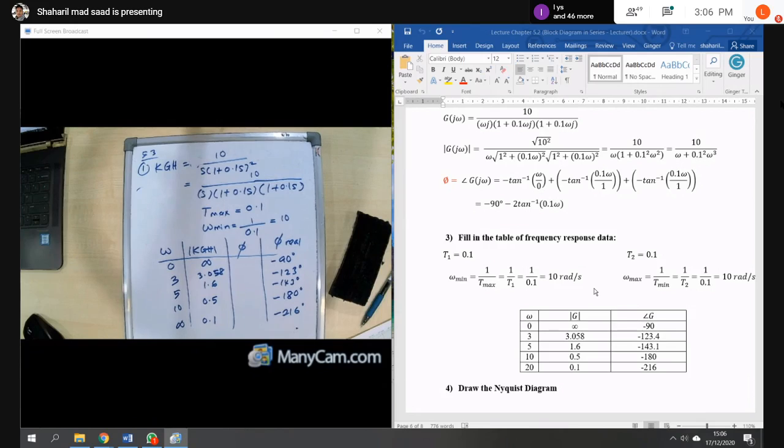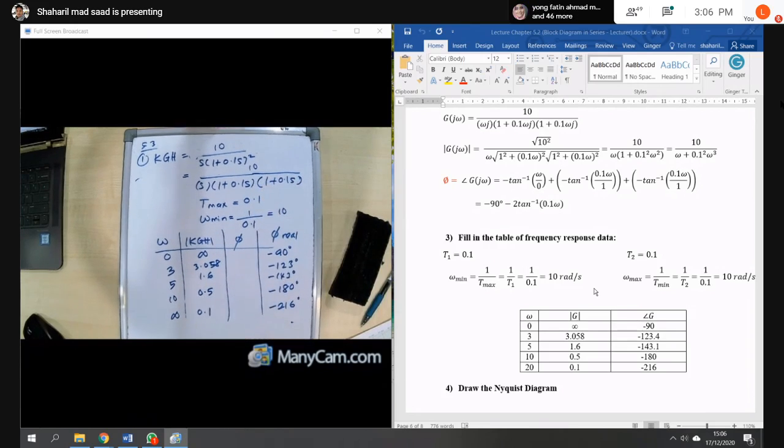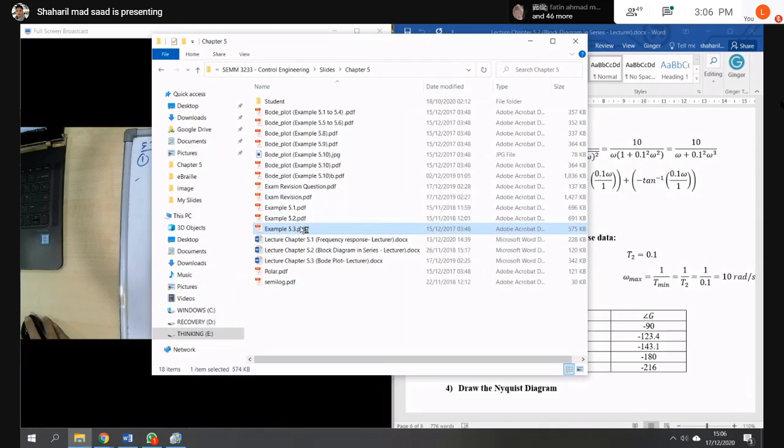So I think you already know how to use the calculator. Okay, done. And then after that we draw the Nyquist diagram.